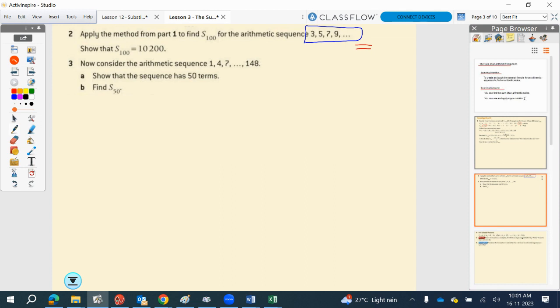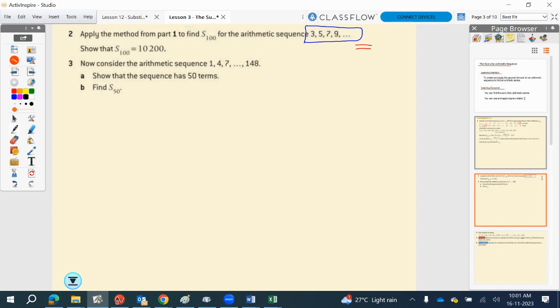Oh, I did it! Plus 100 should be, you have to calculate. The formula, you remember the formula? This is the answer.